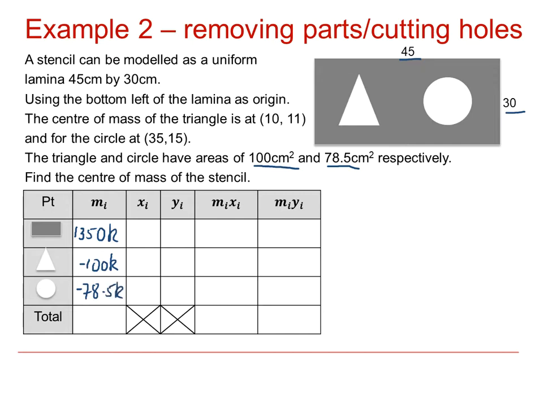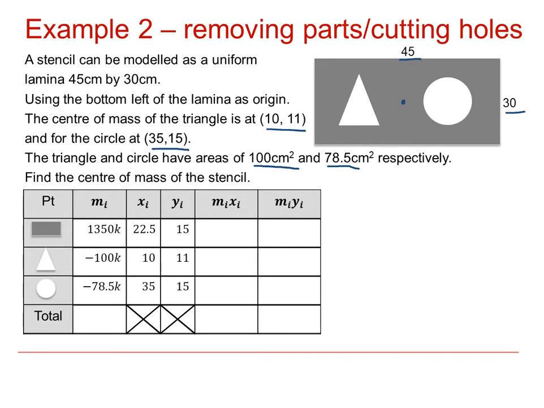Once you've done that, we need to put in the information about the centers of mass for each of the objects. Now, the center of mass for the rectangle originally is at the center of each side, so 22.5 and 15, and then we're given the centers of mass for the triangle and the circle.